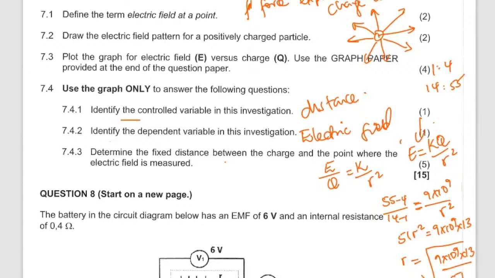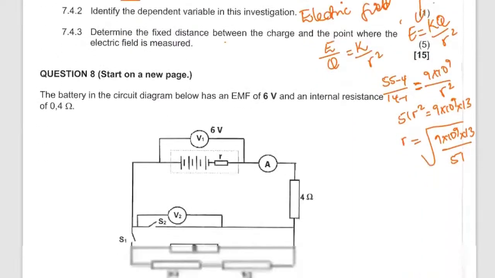Let's see, 9 times 10 to the 9 times 13 over 51. Did you do the correct things? Because it's going to count us. I'm getting 4, 7, 8, 9, 6, 4, 9, 4, 8.